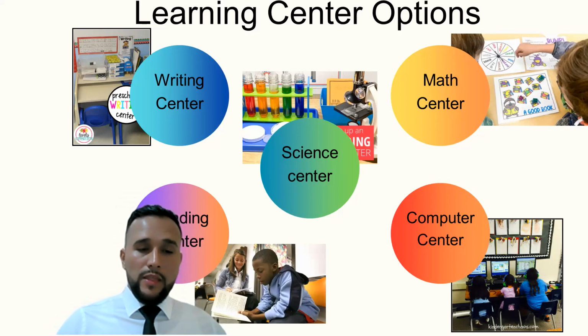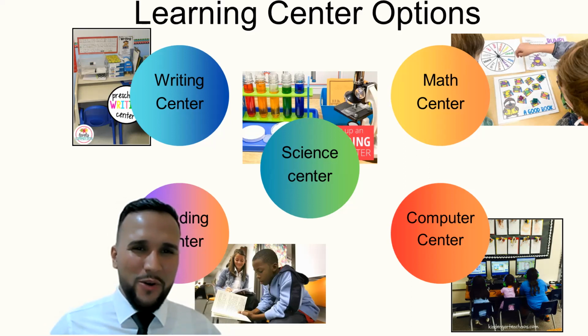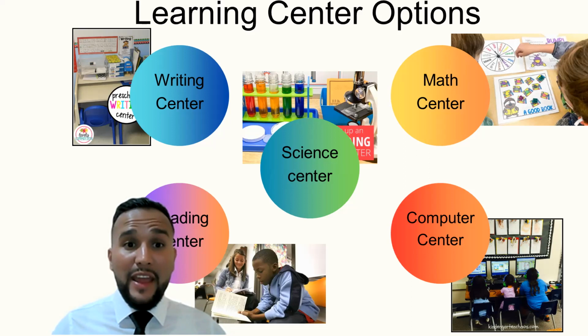Now, the other one would be the reading center. In the reading center, you can use it as a reading corner, they also say, or a reading station in which you can have different books for students to read, but they need to have some sort of assessment at the end, okay?